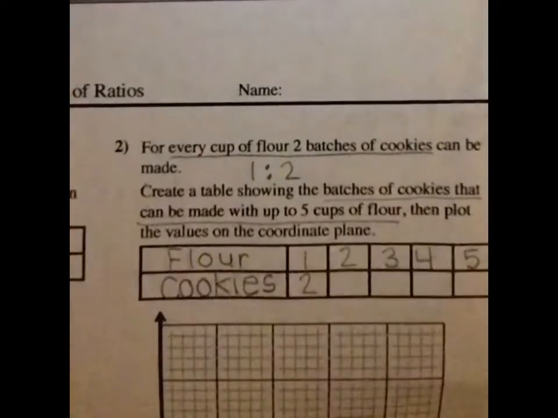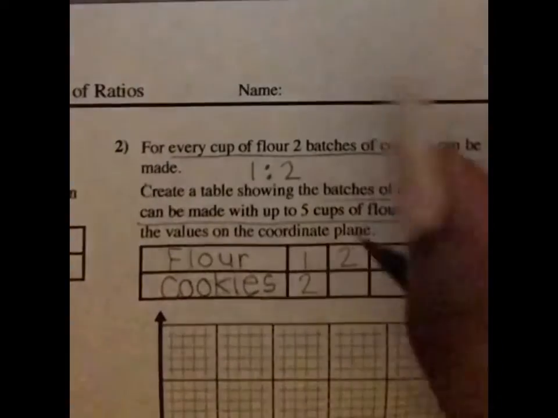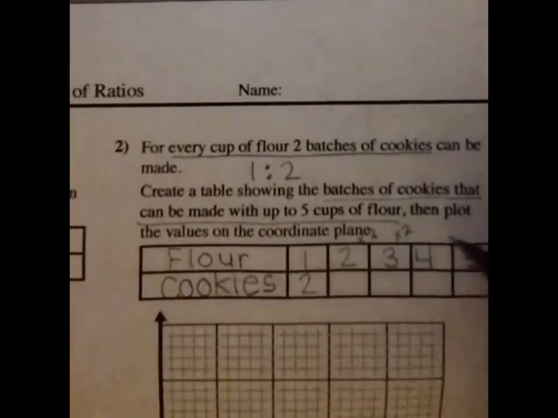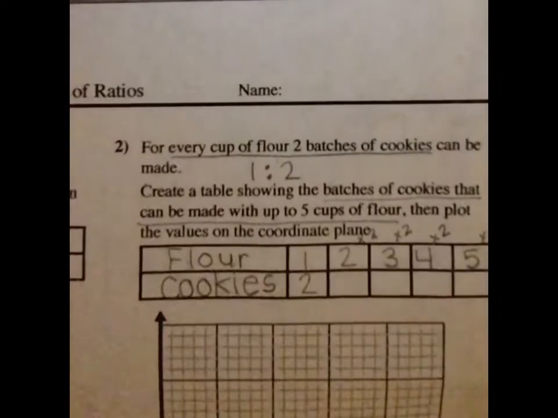In order to figure out how many batches 2 cups of flour will make, we need to multiply the amount of cups by 2, because every 1 cup makes 2 batches. So every time we add a cup, we multiply by 2 to figure out how many batches of cookies that amount of flour makes.